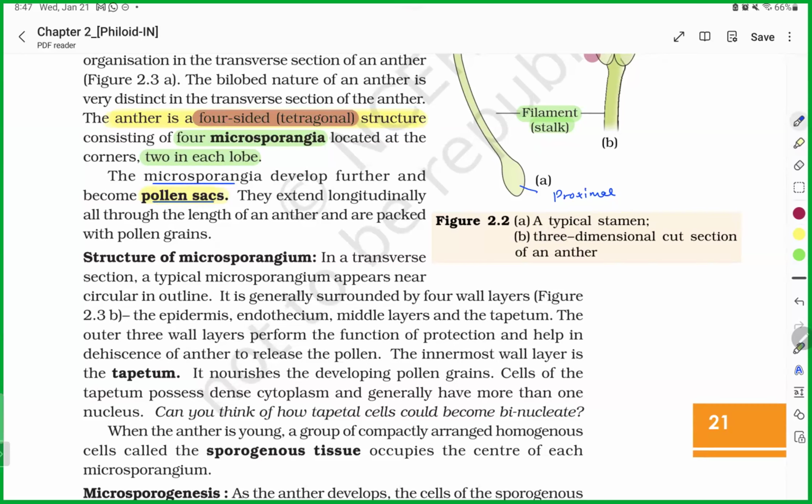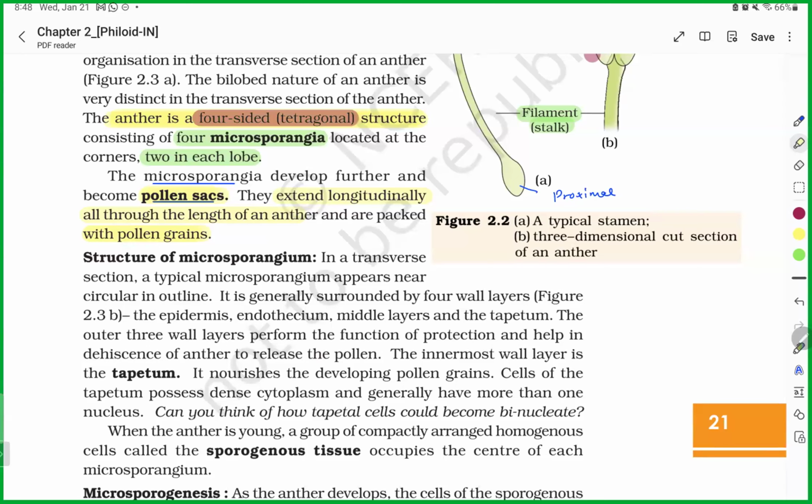And these pollen sacs are present throughout the length of the anther. What is present in the pollen sac? Pollen grain.